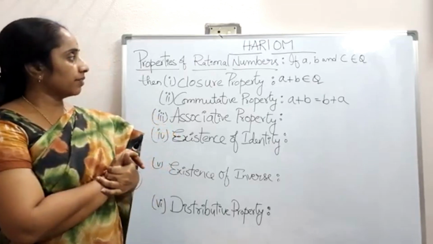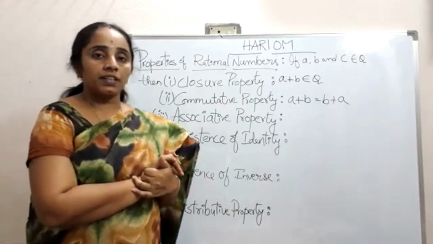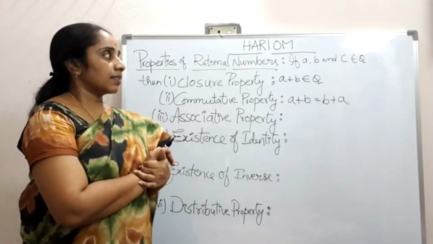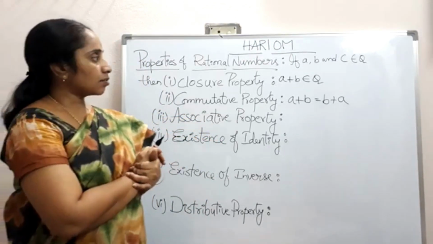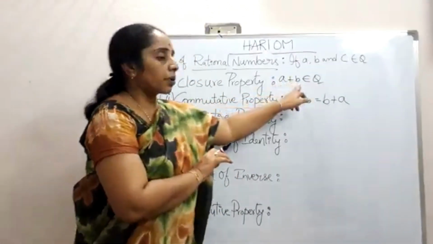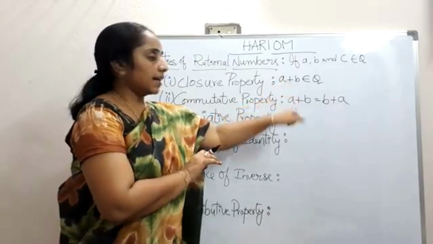The very first one is the closure property. If a and b are two rational numbers, then the sum is also a rational number. This is the closure property under addition.